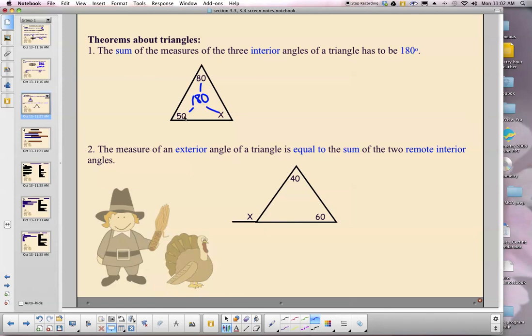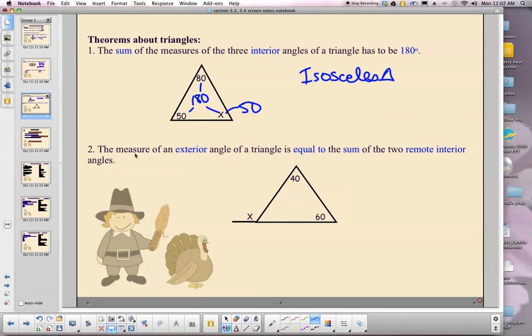So 80 and 50 is 130, which means that 130 from 180 is 50, which means x has to be 50. Now you should be able to classify this triangle based on its angles. 2 of the angles are the same, which means 2 of the sides are the same. So this is an isosceles triangle.